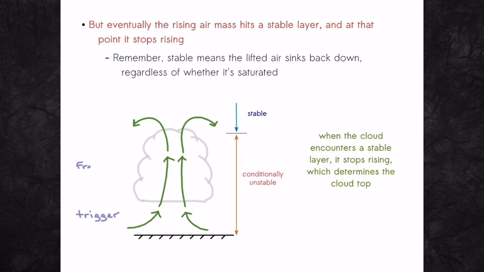So for this part of the cloud, it's freely rising on its own because it's warm, until it hits the stable layer. In the stable layer, the air always wants to fall back down, and so when it hits there, regardless of whether it's cloudy or not, it sinks back down.